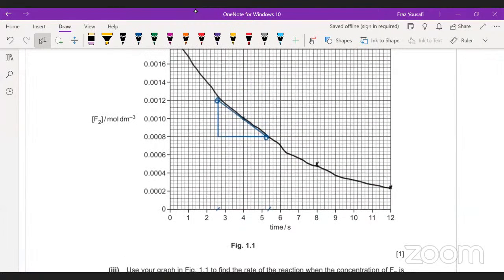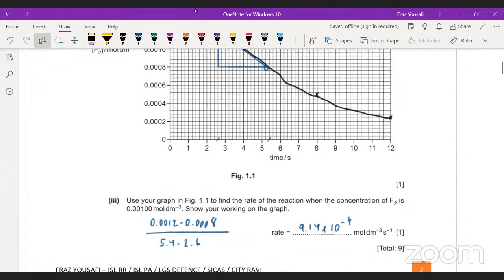Second, let me check one other thing if I could. Yeah, so I'm getting the same value. No, sorry, I'm getting this value.